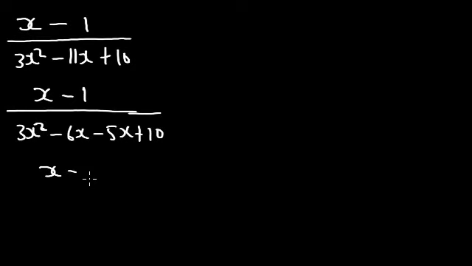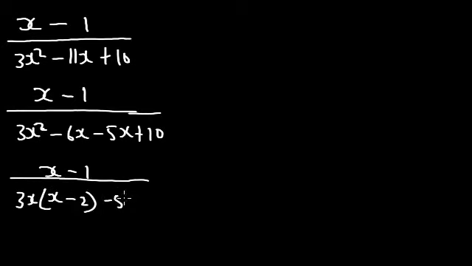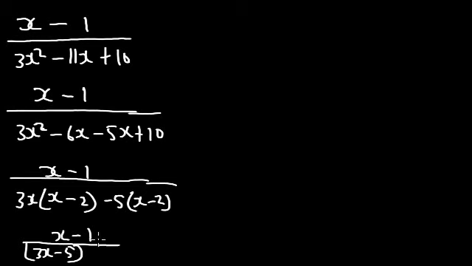That will be x minus 1 all divided by 3x in the bracket of x minus 2 as a common factor, minus 5, then x minus 2. And that will be x minus 1 all divided by, combining this, 3x minus 5, then multiply by x minus 2.